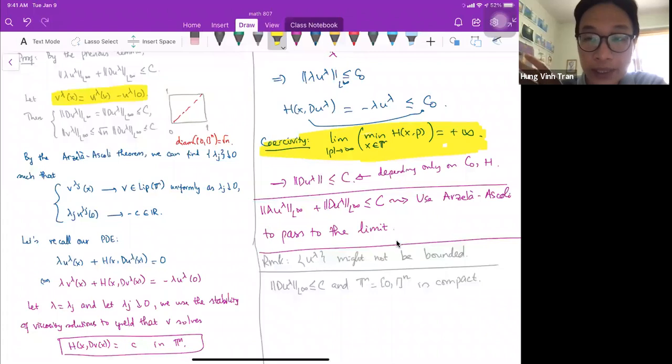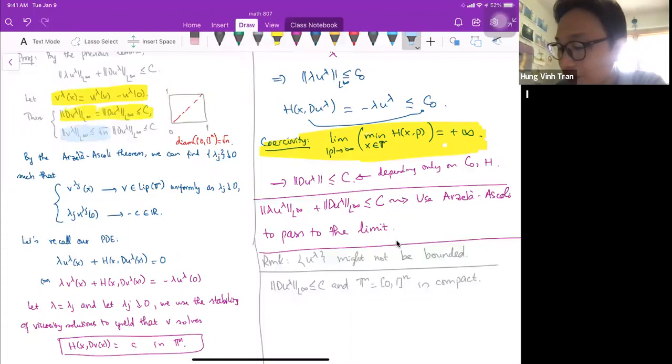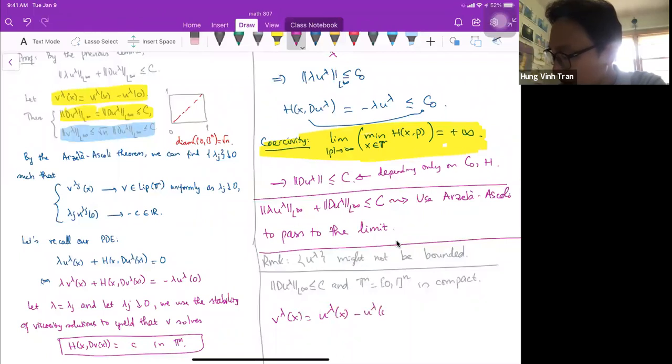Once we take that, automatically v lambda is bounded. Because first of all, the gradient of v lambda is the same as the gradient of u lambda, because I'm just subtracting a constant. The gradient is the same, it's bounded. The v lambda itself is bounded because v lambda is the difference, right? So v lambda of x is u lambda of x minus u lambda of 0.